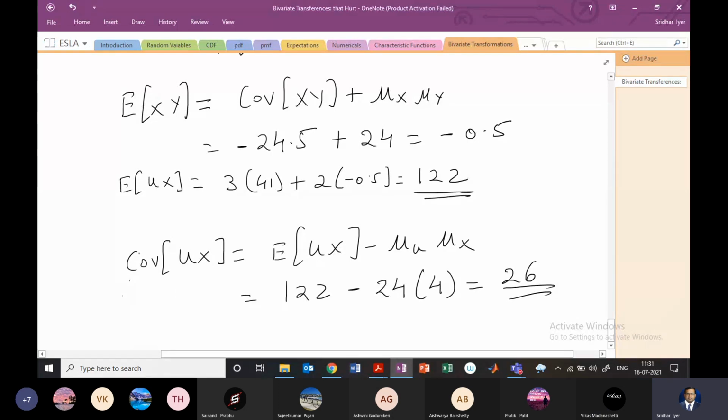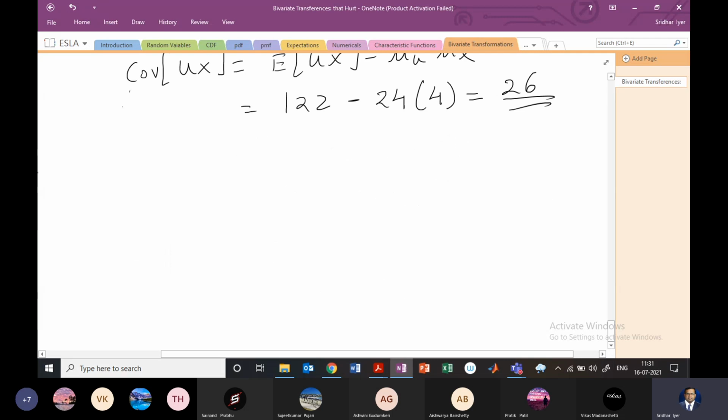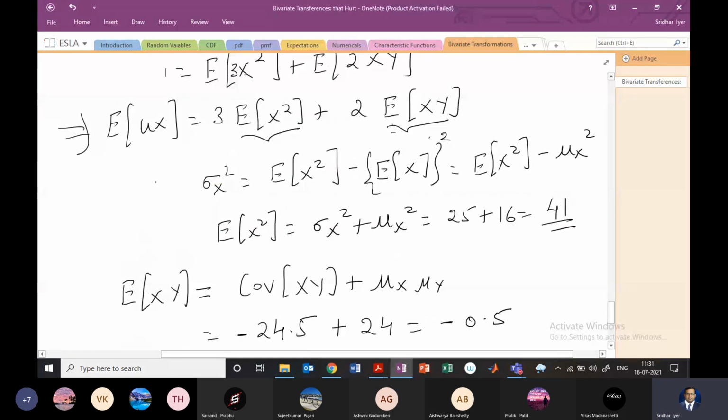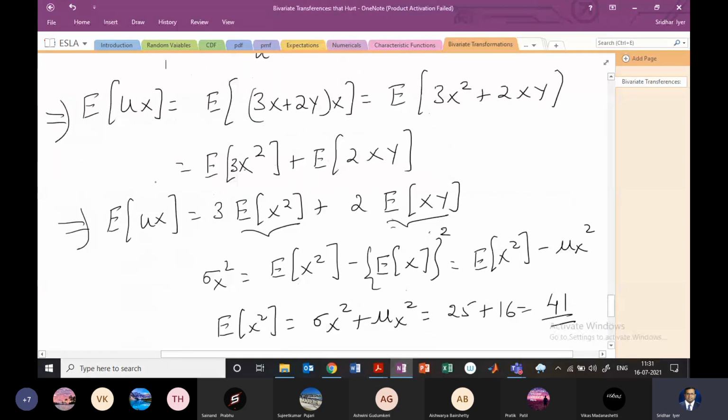Now, in the same manner, we need to find the third value, and that third value is covariance uy. I'll leave this up. You can start finding the value of covariance of uy. It is the same process that we did for covariance of ux.